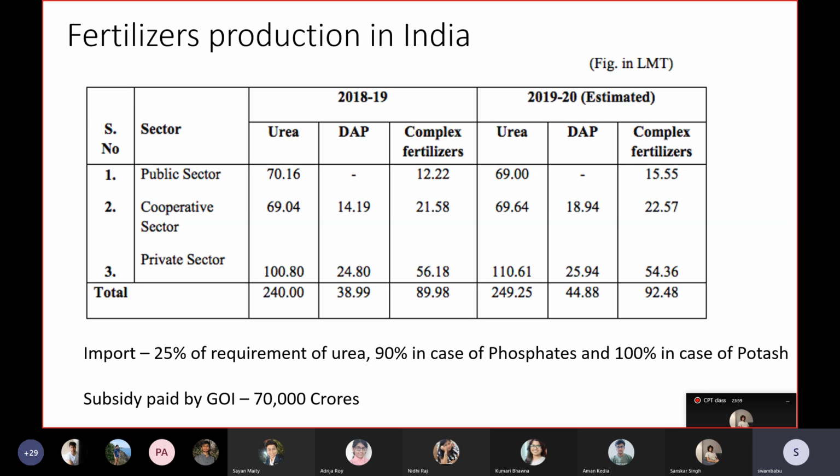We don't have potassium reserves in our country, and potassium has to be imported from foreign countries. So that production is a little less compared to others because we need to import most of the potassium raw materials from foreign countries.